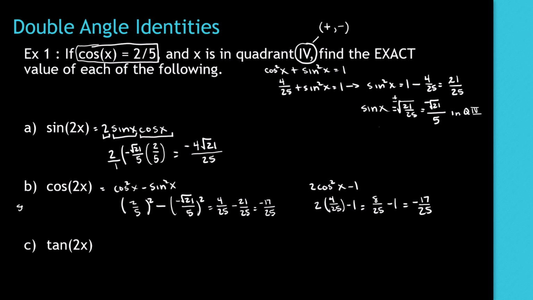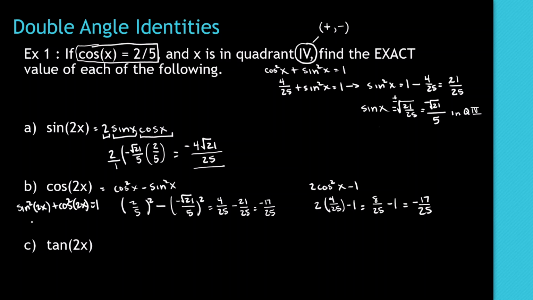I could also do sine squared of 2x plus cosine squared of 2x equals 1, and I could use my Pythagorean theorem and figure out what that is. We already found sine of 2x up here.